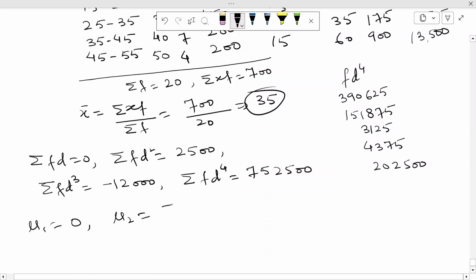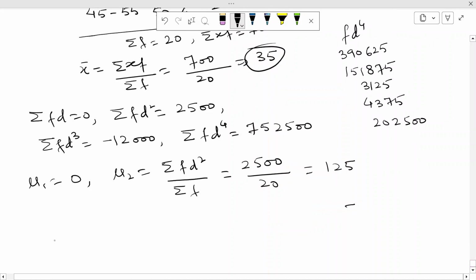Our mu2 will be summation fd square over summation f. So our summation fd square is 2500 divided by 20, and this gives our second moment as 125.